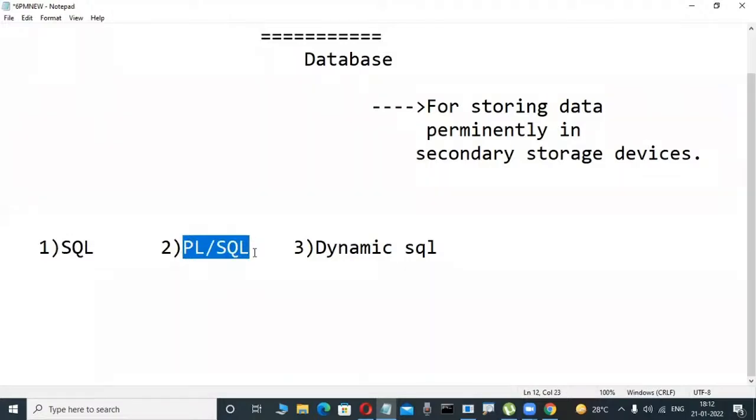Why is this language required? Really, so many jobs are available in PL/SQL also. Why is it required? Because of so many applications.